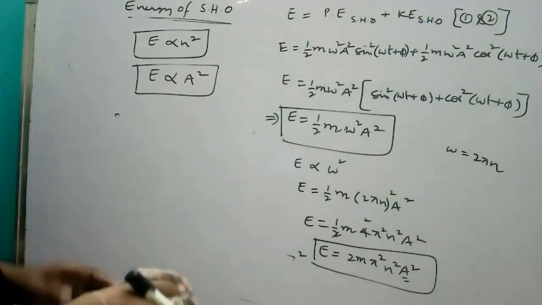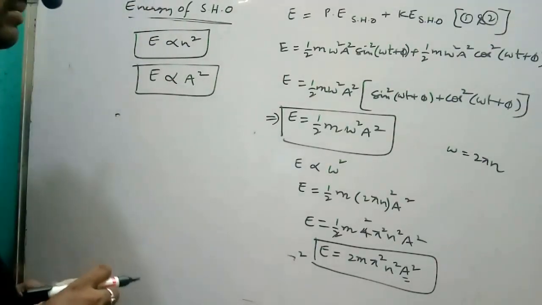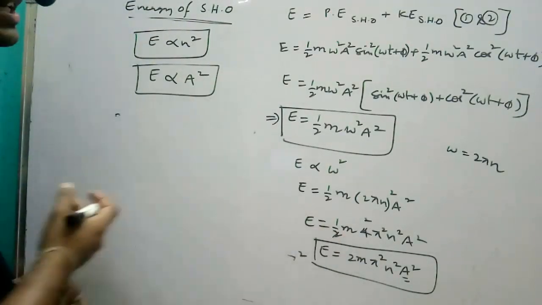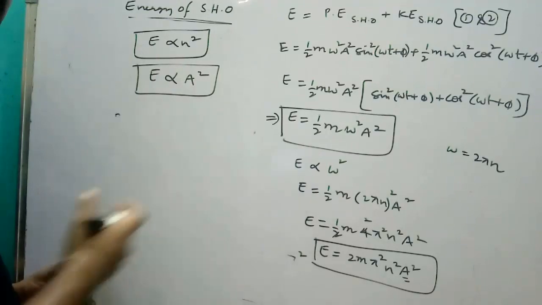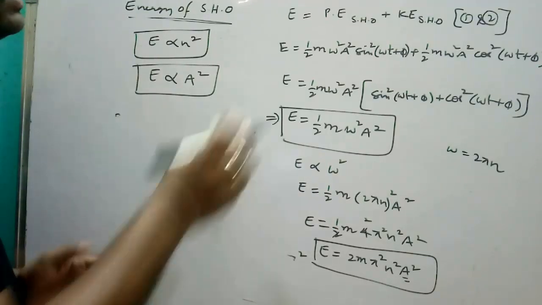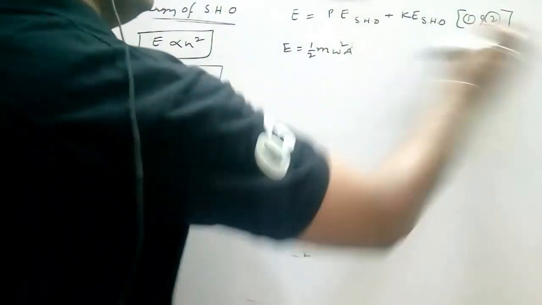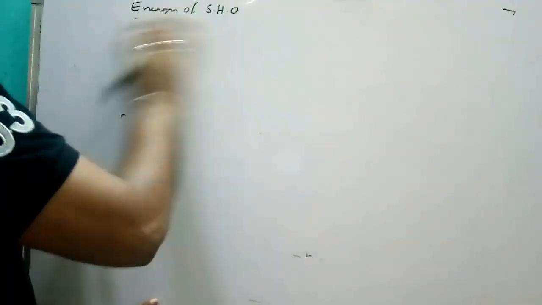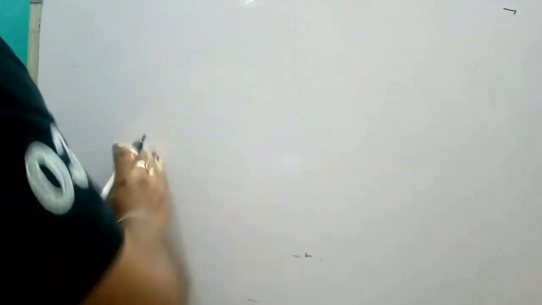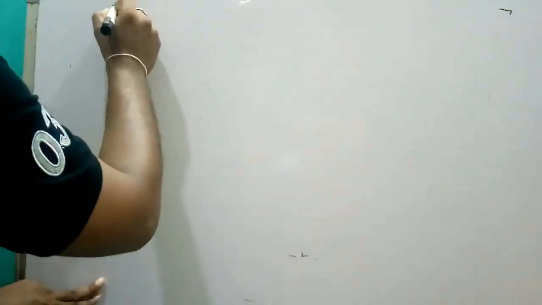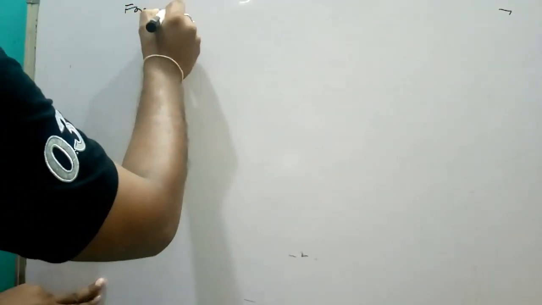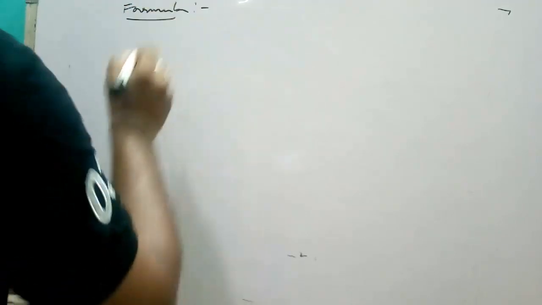Okay, now we find some relations between velocity, displacement, time period and amplitude of these oscillators. Formulas.